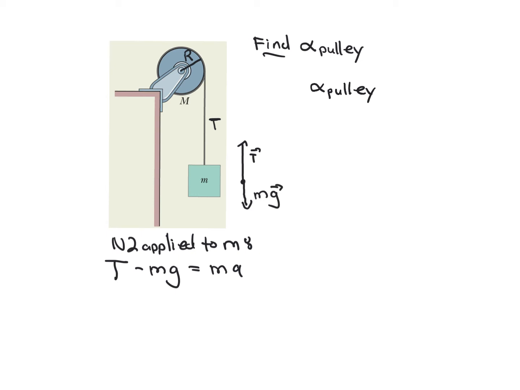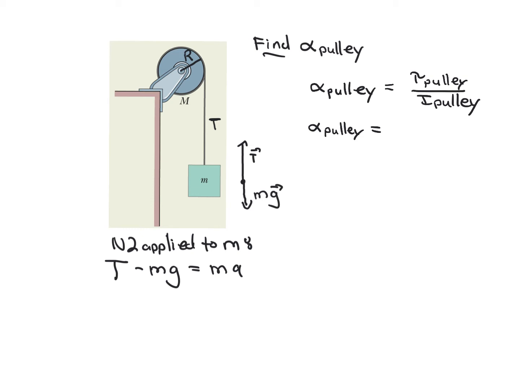Now for the pulley, we're going to apply the rotational analog of Newton's second law, which says that the angular acceleration of the pulley is given by the torque exerted on the pulley divided by the rotational inertia of the pulley. So what's the torque on the pulley?